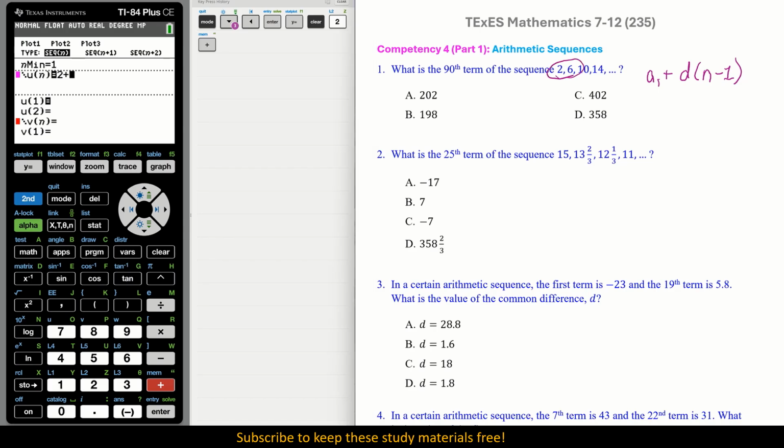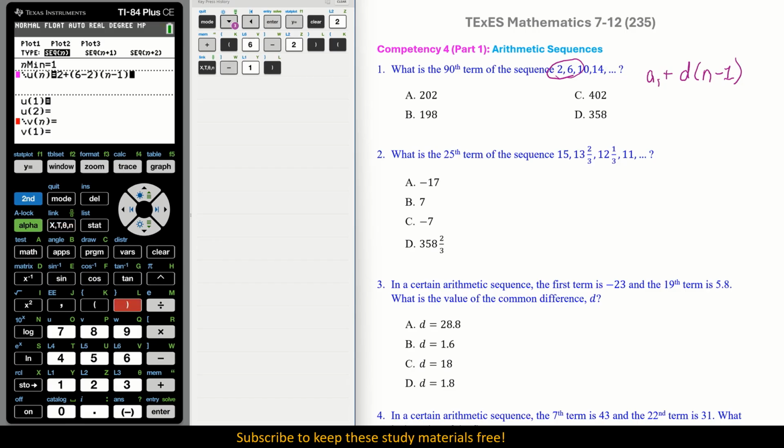Instead, I'm going to use the first 2 values. I could actually use other values if you think about it. But let's open our parentheses and say 6 minus 2, okay? And then open the parentheses. Now I'm going to push our x, what would normally be x. Now it's n because we're in the right mode. Now minus 1, close our parentheses.